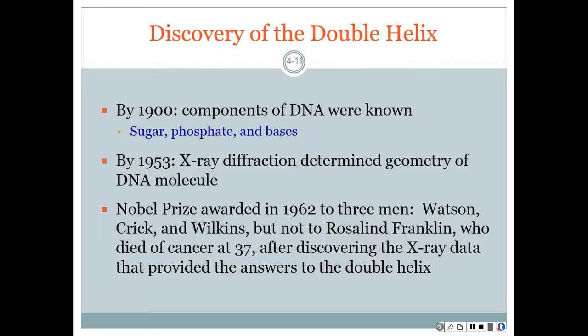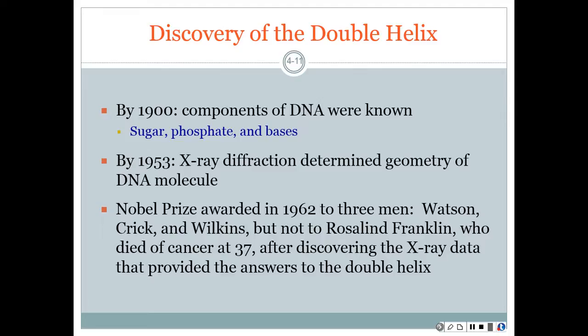But the story starts off with individuals in London. You have Watson and Crick, who worked together at Cambridge University, and they were doing their research on DNA structure. They were trying to get a better understanding. Now, this is back in 1951, where things are slowly but surely progressing to what we know now.